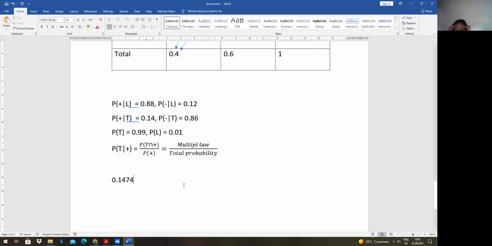I said 0.1474 is the total probability, and we must find the probability that the test was incorrect. So 0.1386 is in the numerator, this joint probability.